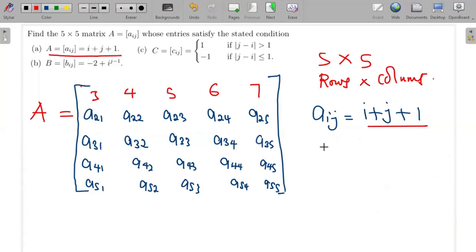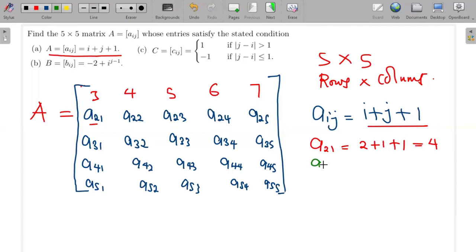So let's find A21, not A12, since we've already found A12. So we are now here. A21 will be equal to, now i is 2 and j is 1. Using this formula, it will be 2 plus 1 plus 1, which is 4.